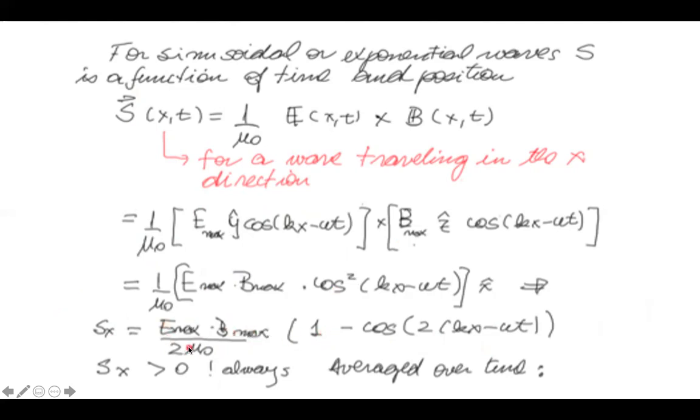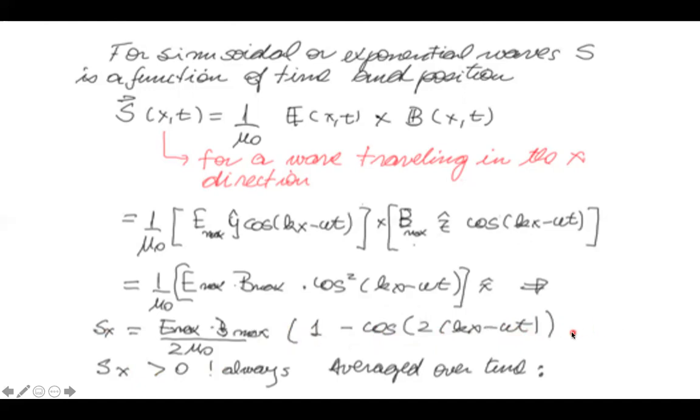And the singular aspect is that this Sx is always greater than 0. This term over here, when the numbers are right or the time is right, could actually be -1. But if this is -1, this whole Sx at that instant will be 0.